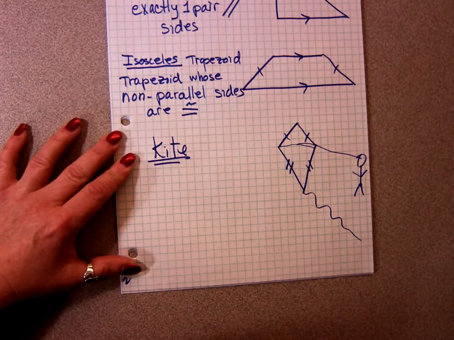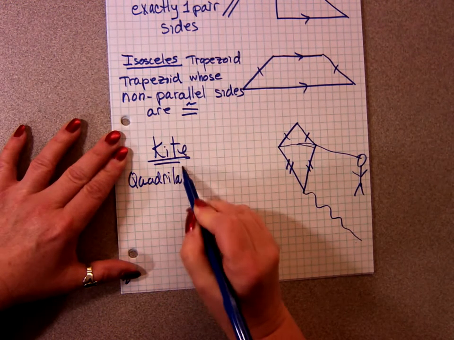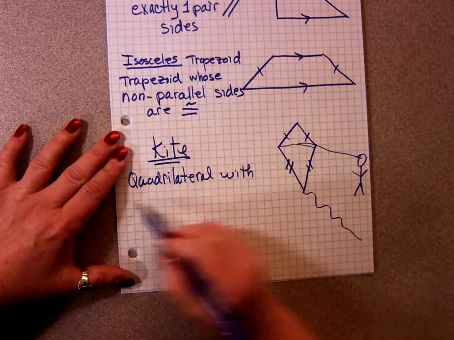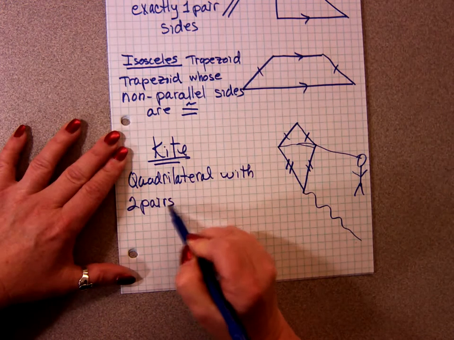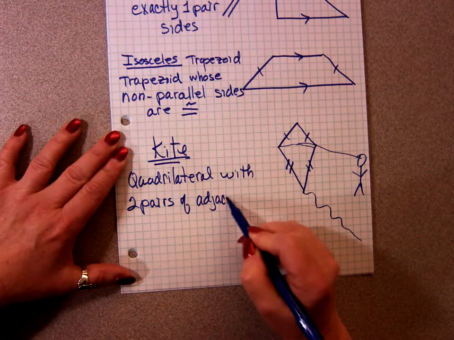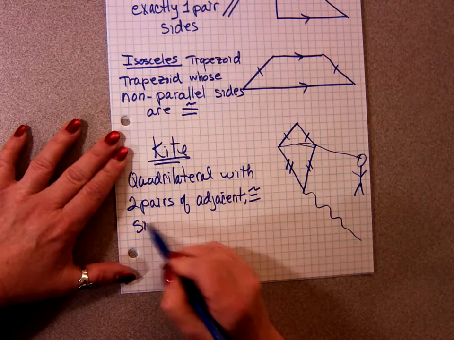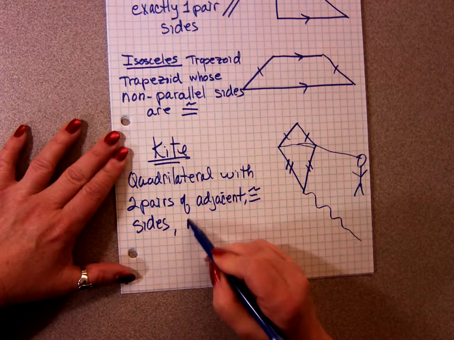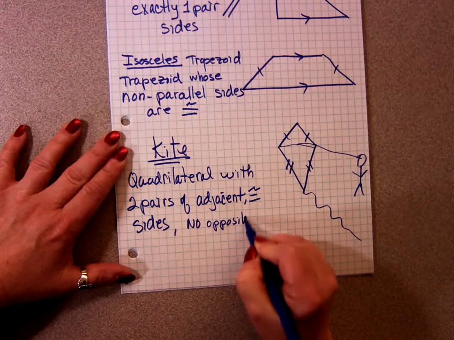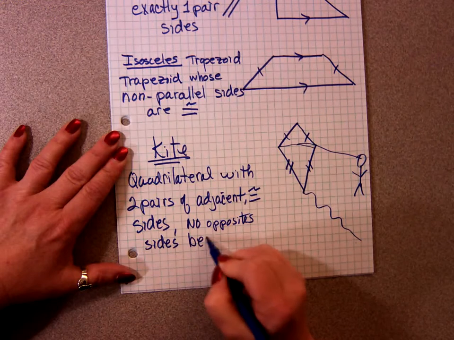And a kite is a quadrilateral with two pairs of adjacent and congruent sides, with no opposite sides being congruent.